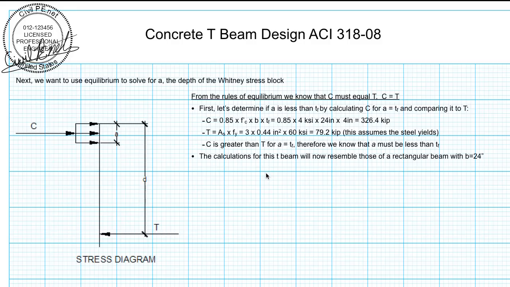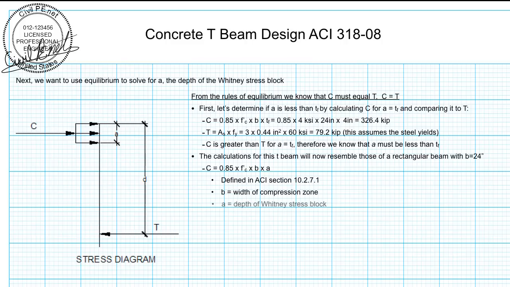So the calculations for this T-beam will now resemble those of a rectangular beam with b equal to 24 inches. And you'll see that in a little bit. Our compressive force is going to be 0.85 times f'c times b times a, where b is the width of the flange, that 24 inches, and a is the depth of our Whitney stress block.